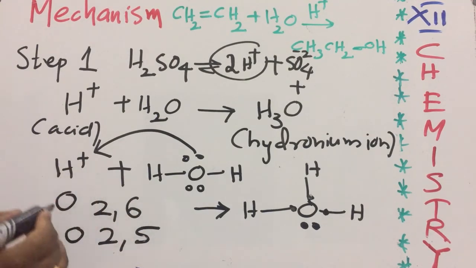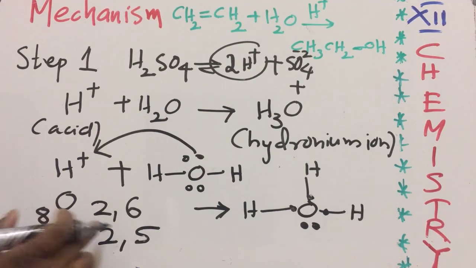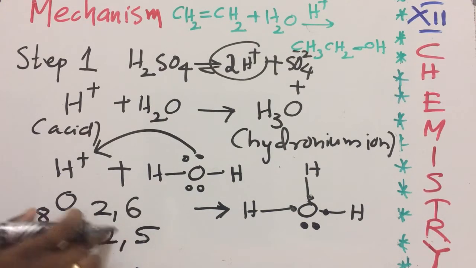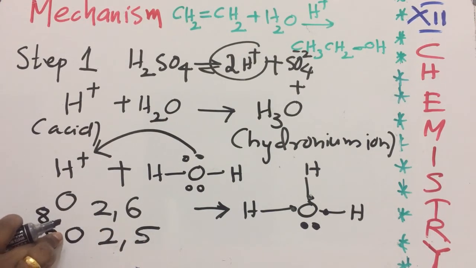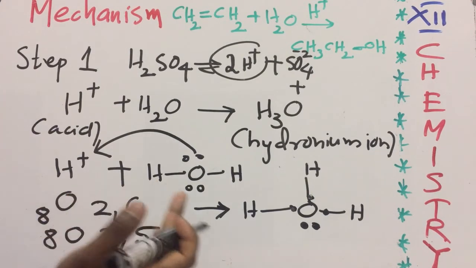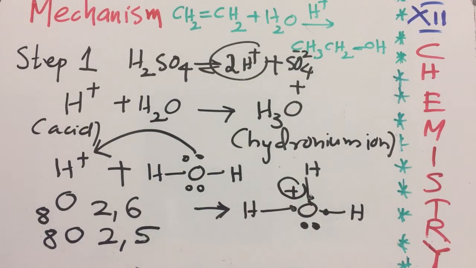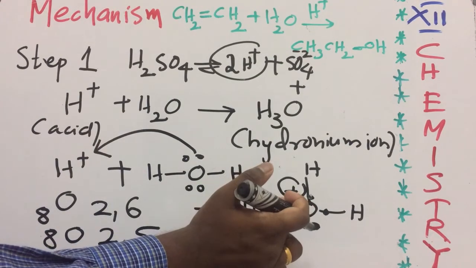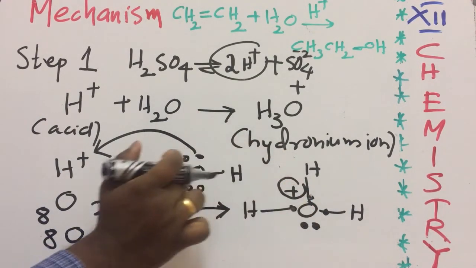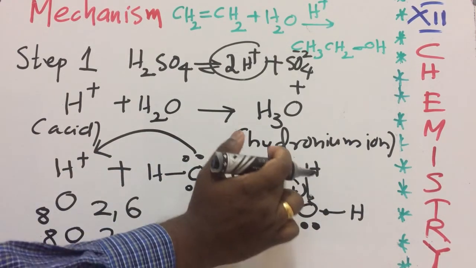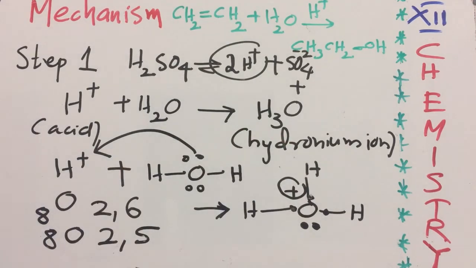The proton number does not change, it is still 8, only the electron number is reduced to 7. So 7 electrons, 8 protons. 8 positive, 7 negative. So what is the balance? 1 positive. I think now you got how H3O plus is forming from water and H plus. This H3O plus is called the hydronium ion. Clear?